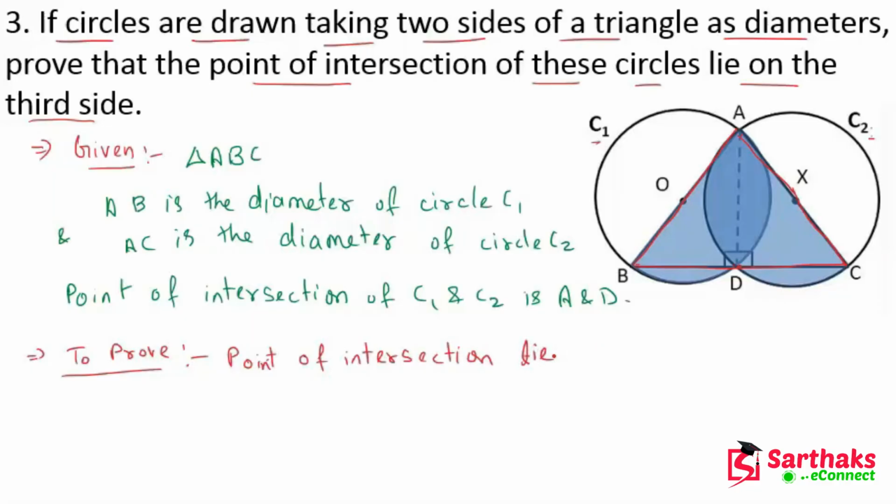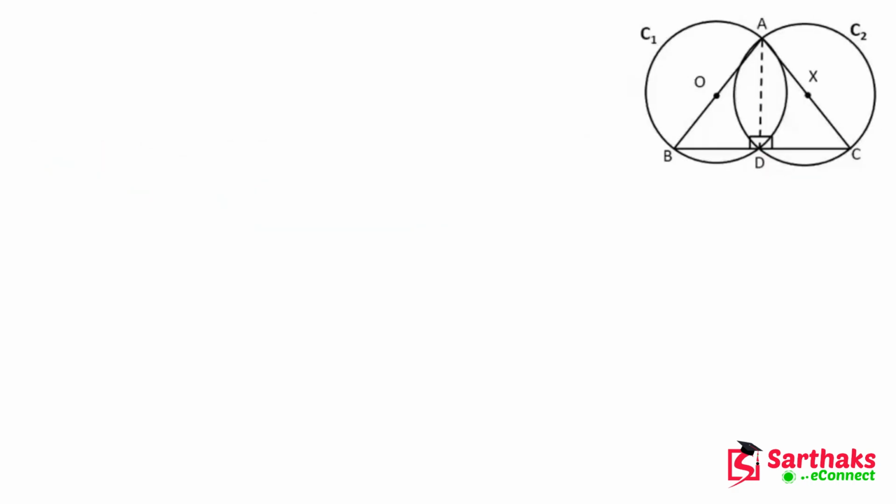Now we have to prove that the point of intersection lies on the third side. It means point D lies on BC. Now we have to do a construction.